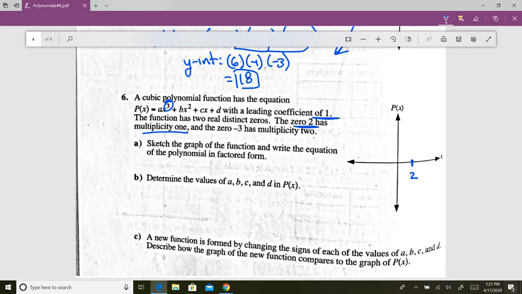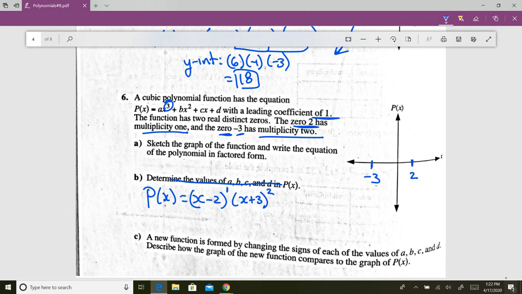So if I write it in factored form, it's going to be x minus 2 with a multiplicity of 1. And the zero of -3 has a multiplicity of 2. That would be x plus 3 has a multiplicity of 2.